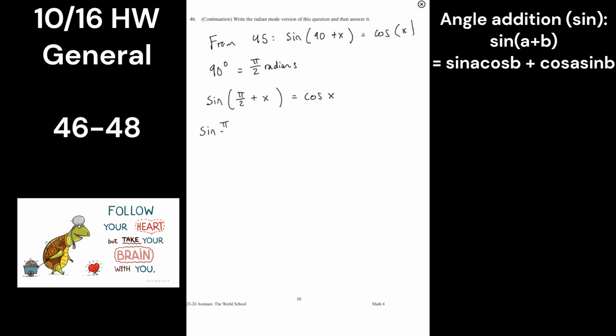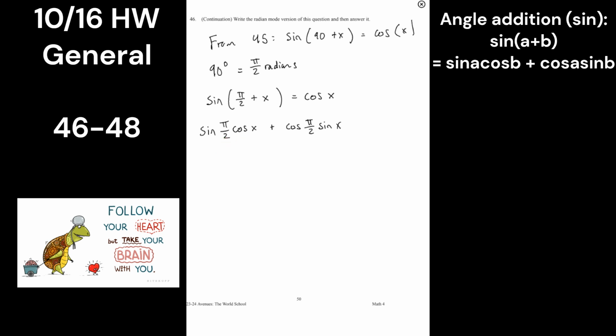Sine pi over 2 times cosine of x plus cosine of pi over 2 sine of x. Sine pi over 2 is 1.